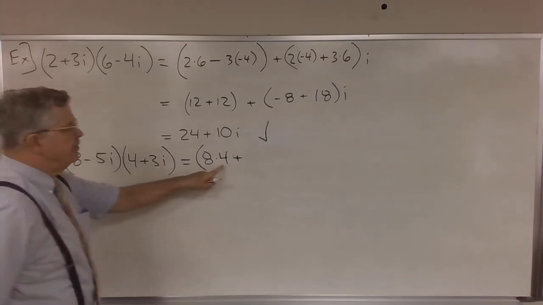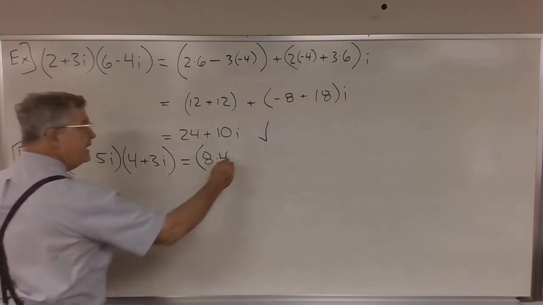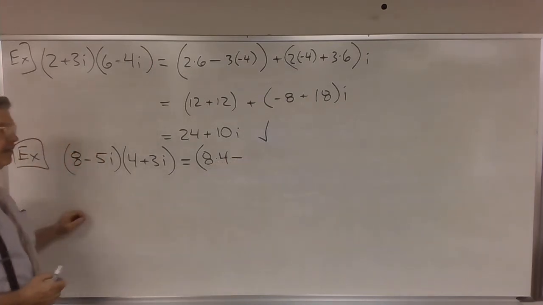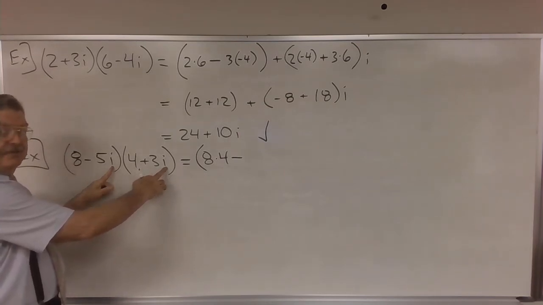Product of the real parts, and then what do? Minus the product of the imaginary parts, because we're going to have an i times an i gives us -1.